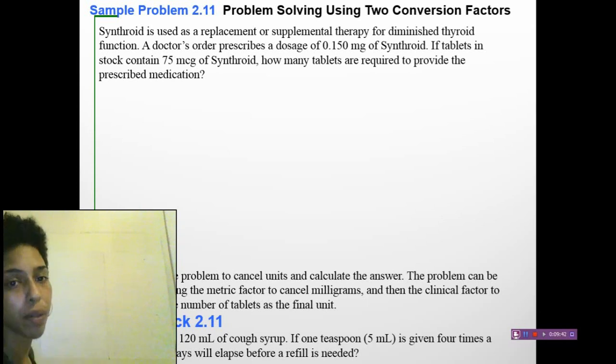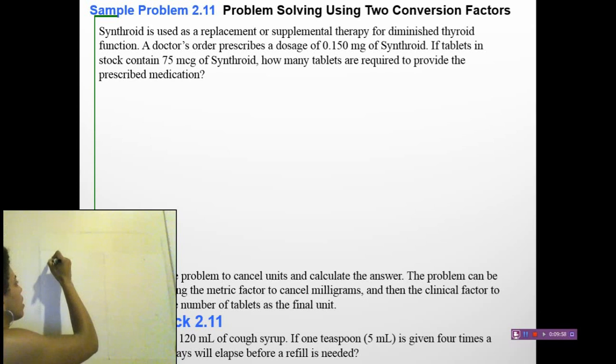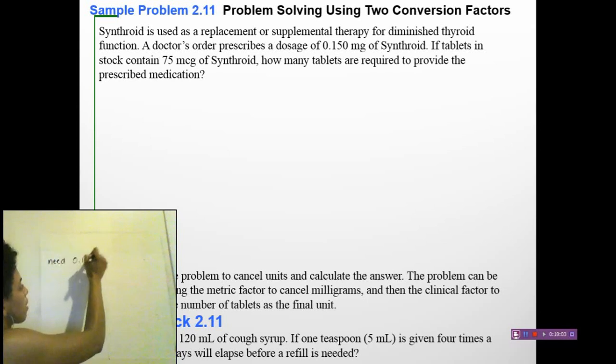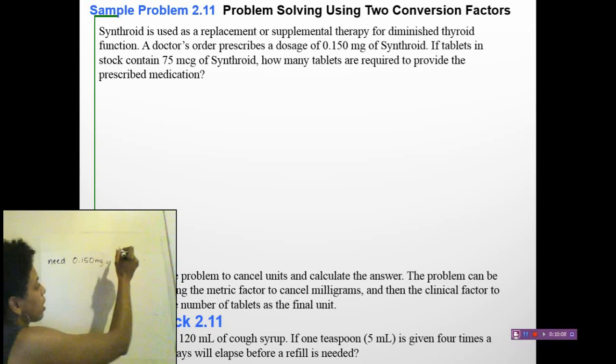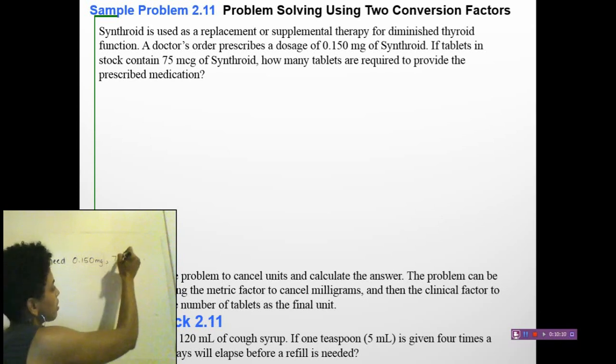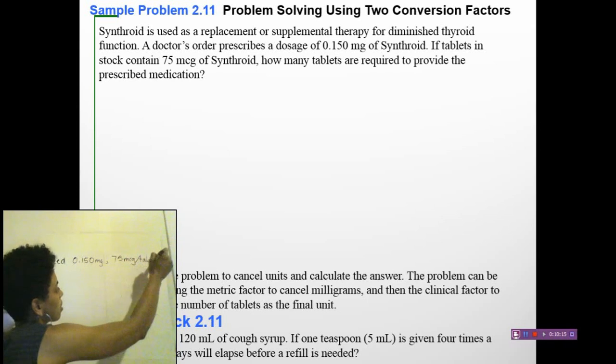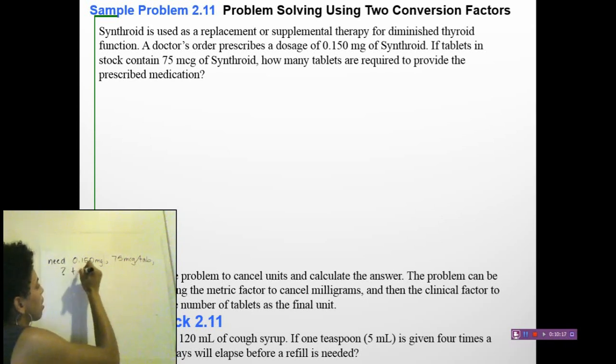All right. So it says here that a doctor prescribes a dosage of 0.15 milligrams and tablets are provided in 75 micrograms. We want to know how many tablets. So if I need 150 milligrams, and what I have is 75 micrograms per tablet, how many tablets?